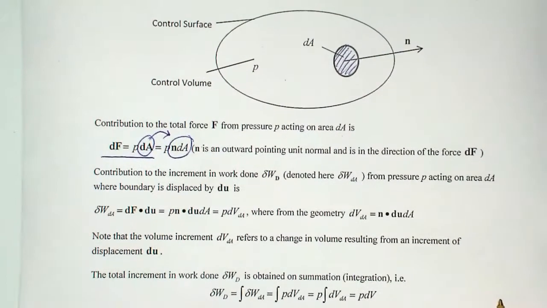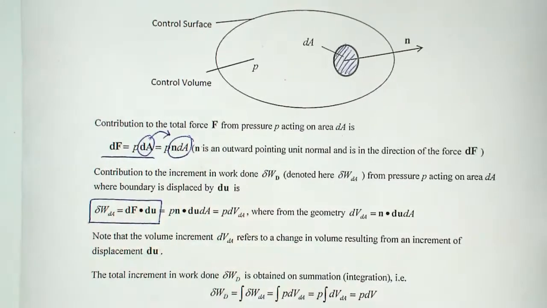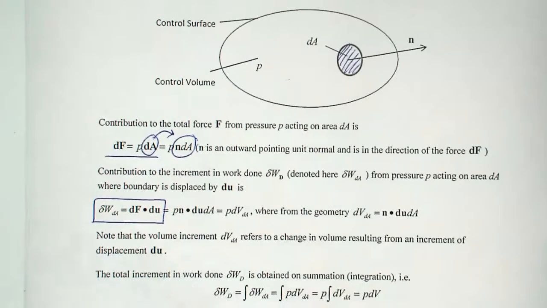Now, I'm interested to go to work and look at the equation for work. Now, again, note that I've used delta here because work is not a property, as opposed to force, which is a property.